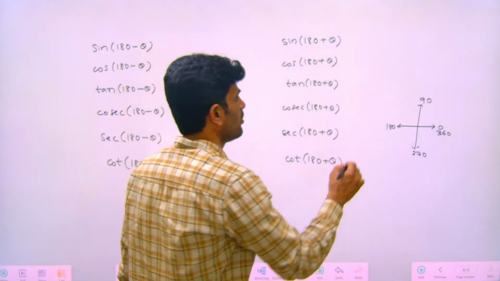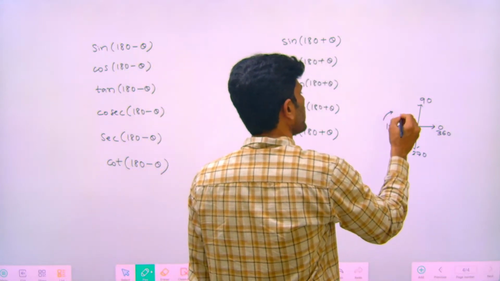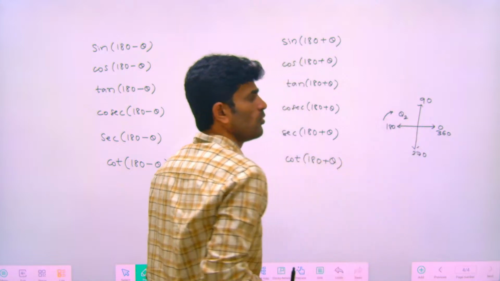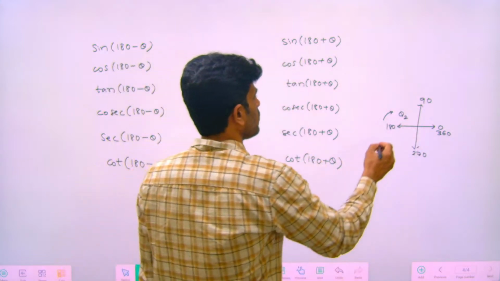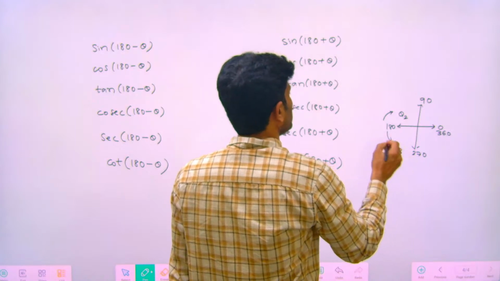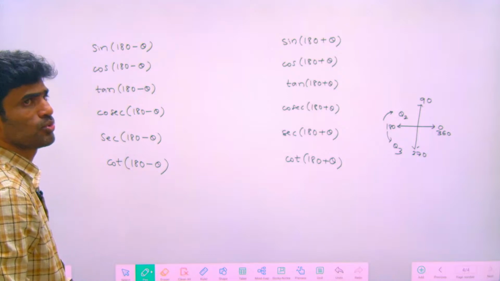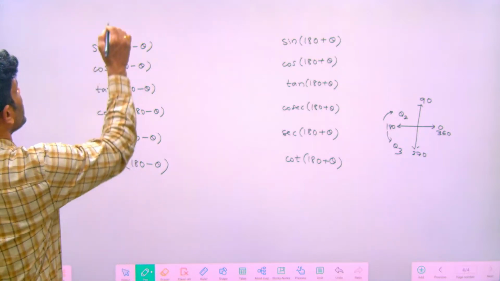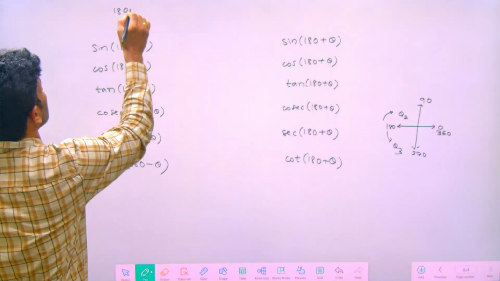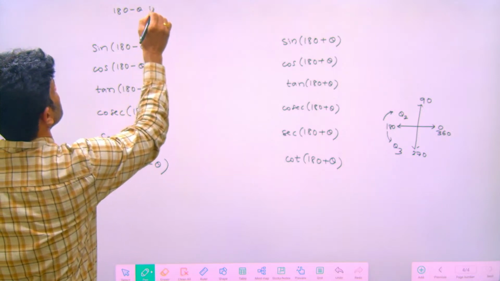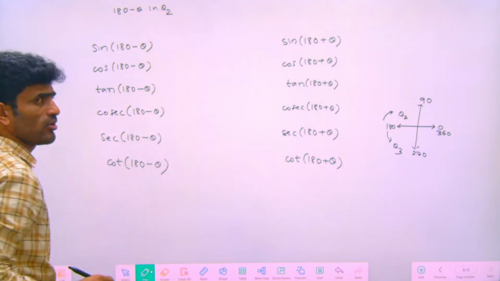For 180 minus, you should go in the backward direction: 180 minus is quadrant 2, 180 plus is quadrant 3. So these all lie in quadrant 3, these all lie in quadrant 2. That you have to remember: 180 minus theta is in quadrant 2. This is one point you have to know.